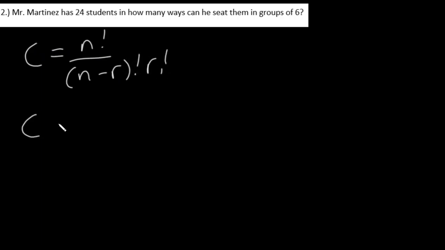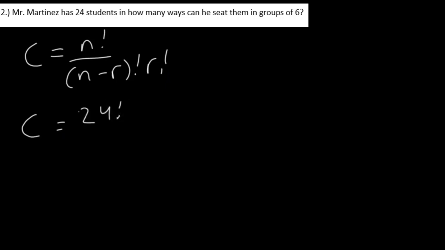And since there's no value difference, we're simply going to say, okay, we're going to use a combination, which is n factorial over n minus r factorial r factorial. Okay, and let's see, what's the total number of students that we are choosing from? We see it is 24.